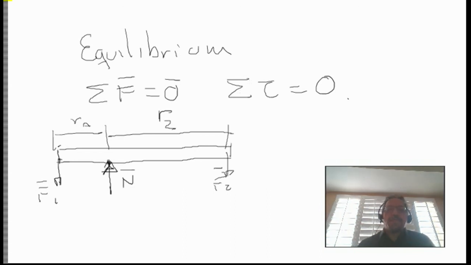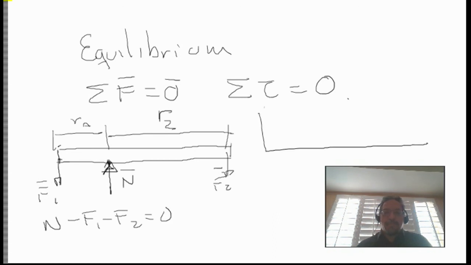Then with distances R1, R2, the equilibrium condition is that the sum of forces has to be 0, so we take the y components, and that will be n, magnitude of n, minus magnitude of F1 minus magnitude of F2 equals 0. Then we take torques. The torque of the normal force is 0 because that's our pivot point. We can always choose that one or any other.